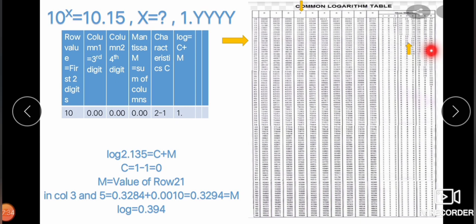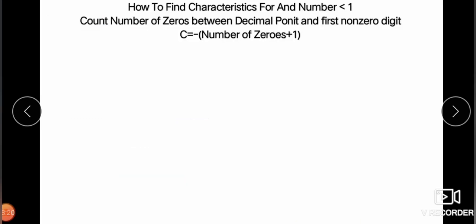Here all decimals are not shown due to lack of space. We have to consider it as decimal, and so total value is this 0.3294, which is log of 2.135. Like this way we have to find out characteristics, the index before decimal and after decimal.